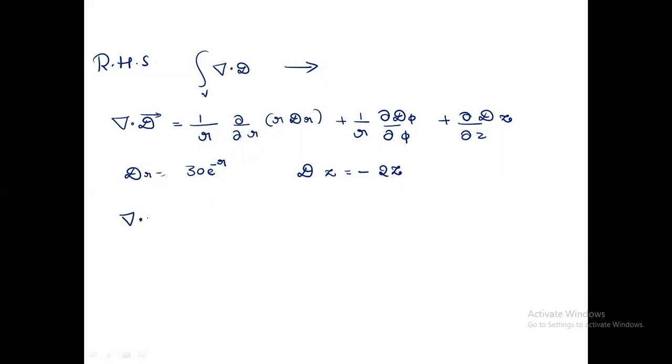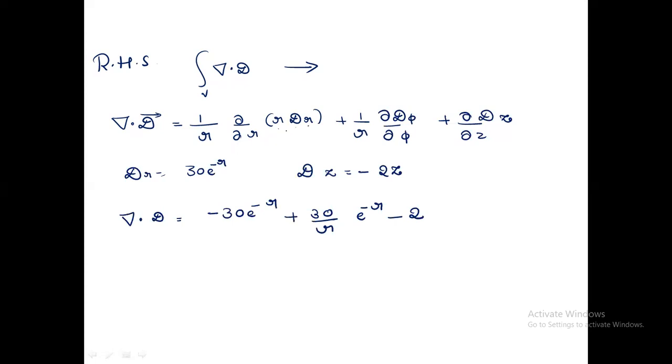So del dot D will be, I have to do r into 30 e to the power minus r and then divide by r. So this comes around minus 30 e power minus r plus 30 by r e power minus r and then minus 2.